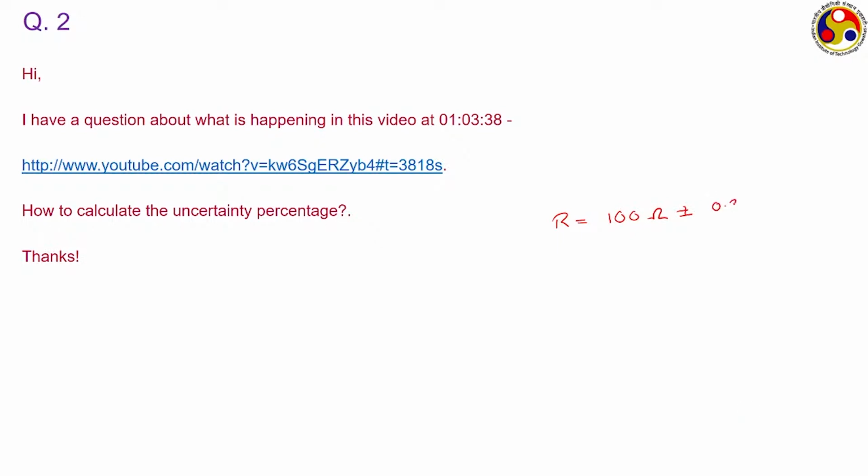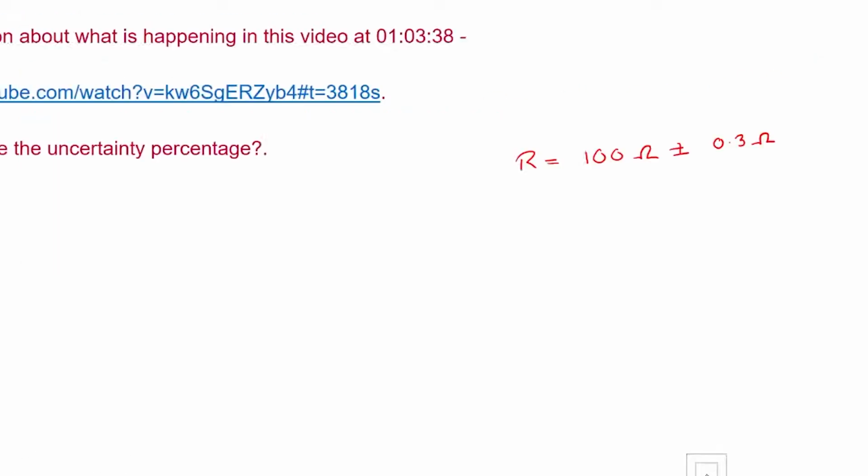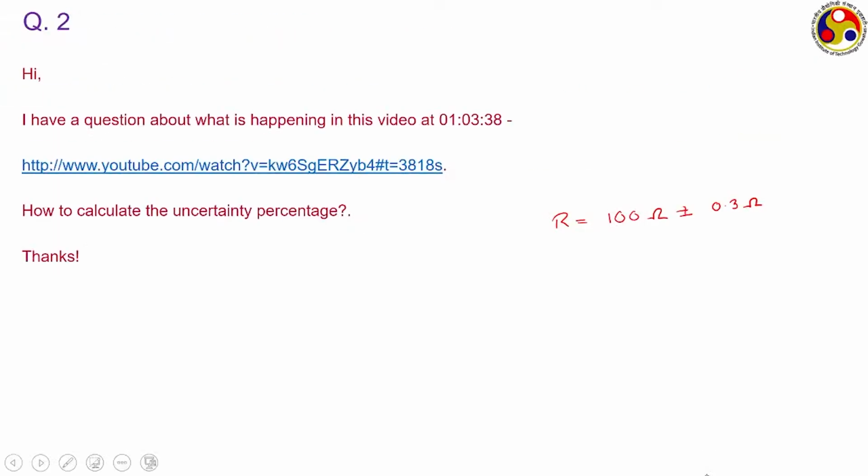Suppose the absolute magnitude is given as 0.3 ohm. That refers to whatever reading you take using, suppose, one particular ohm meter that can measure up to 100 ohm. Then it shows that whatever measurement you take with this, there will be an error of plus minus 0.3 ohm.